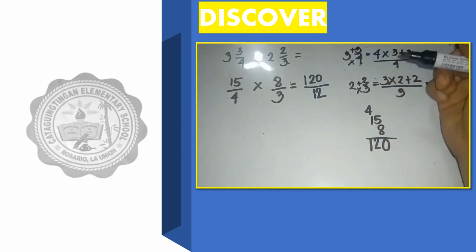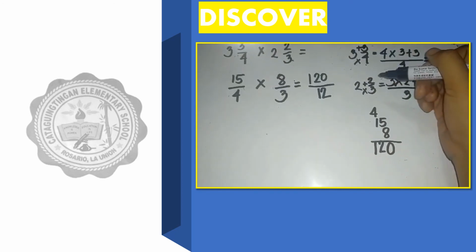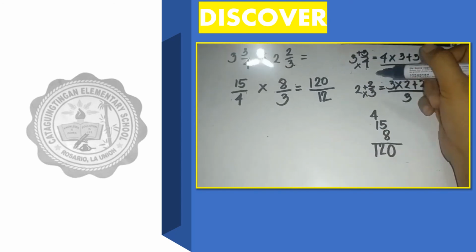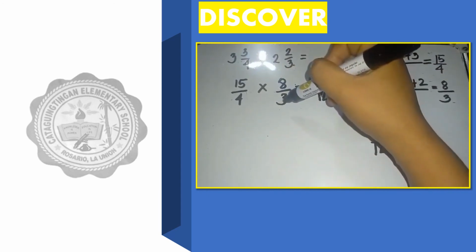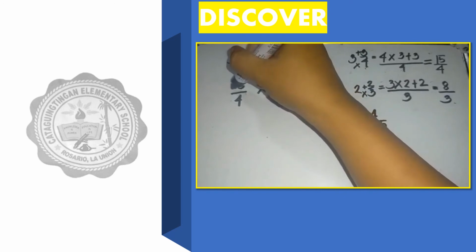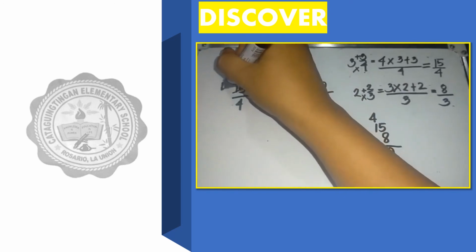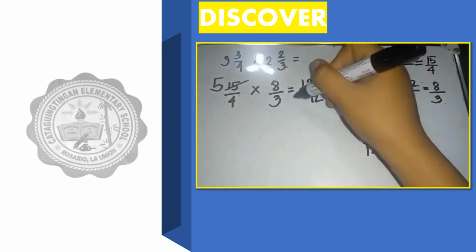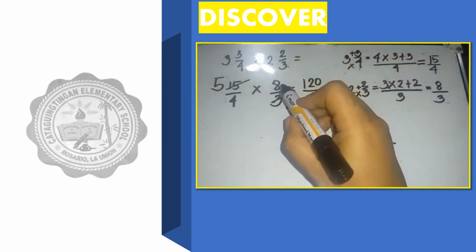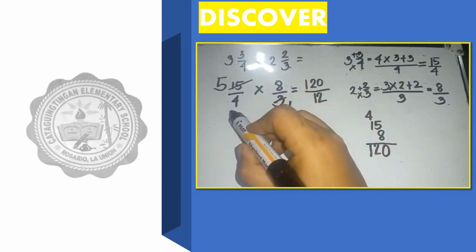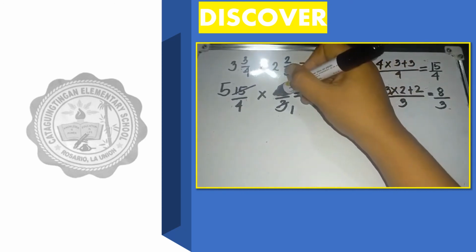Or pwede nating i-apply yung cancellation. Paano yung cancellation? So, 15 divided by 3 is 5. So, cancel natin yon. Yung 15 magiging 5. Yung 3 magiging 1. Next is 8 divided by 4. Yung sagot niya is 2.